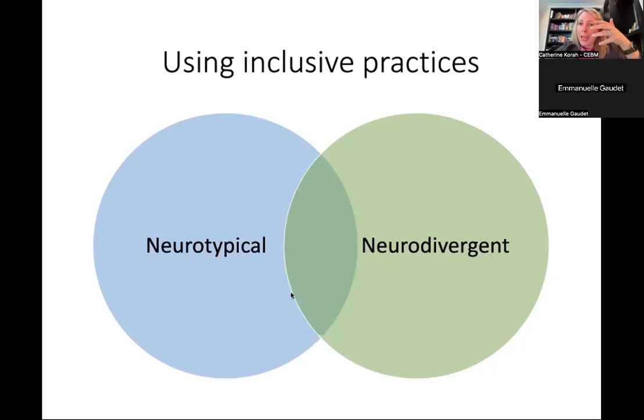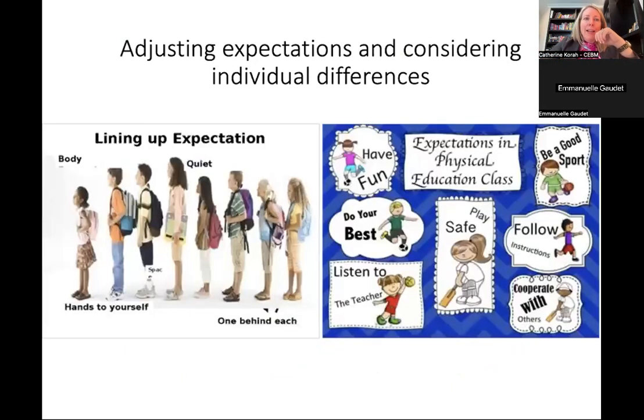And so it is okay to offer support measures for the whole class, neurotypical or not, neurodivergent or not, I mean. And so some examples in terms of universal best practices honoring neurodiversity could be, for example, expectations around lineup.